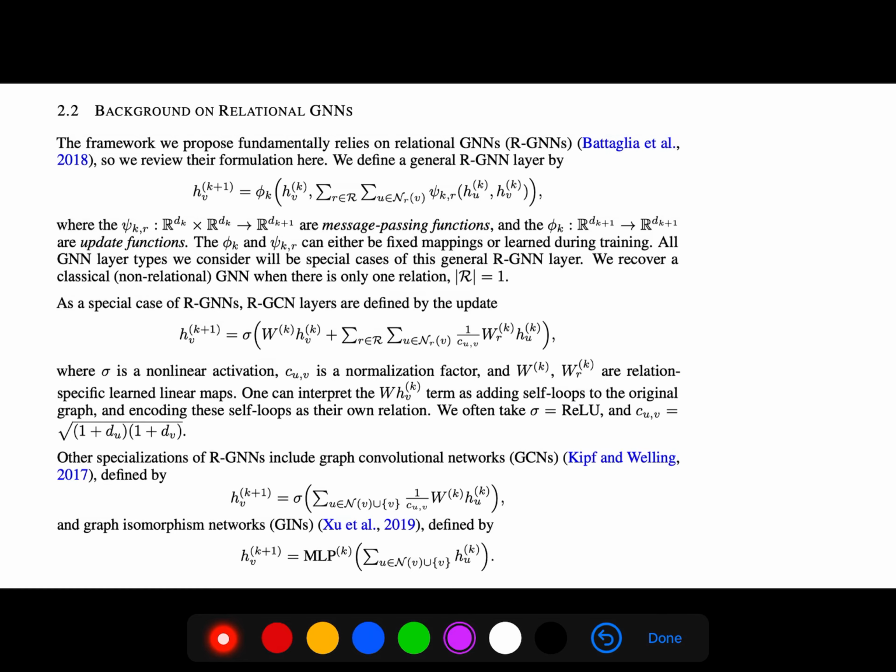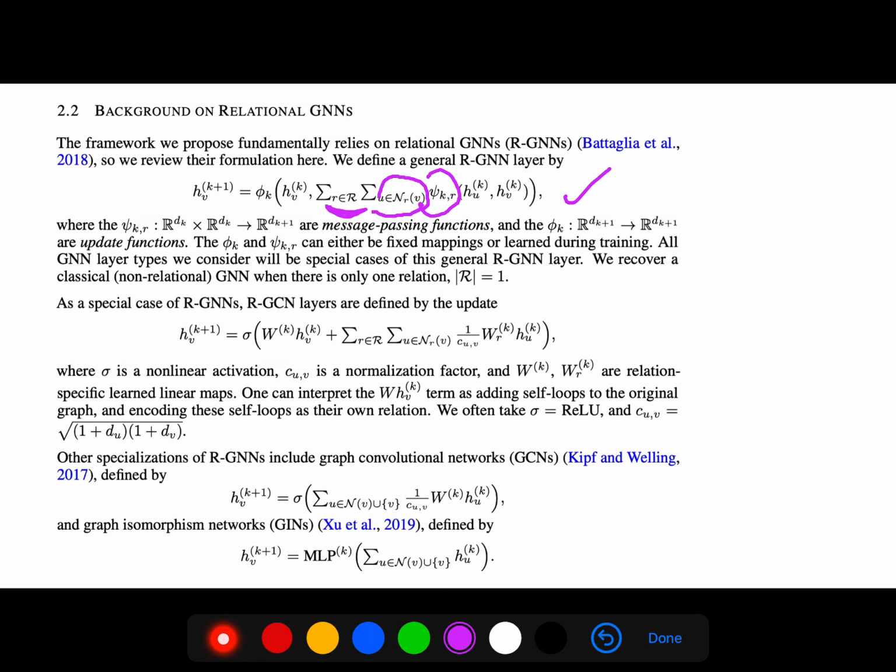We define the general relational GNN layer by this, where psi here are message passing functions, and U is those neighbors that have a particular relation, over all relations.